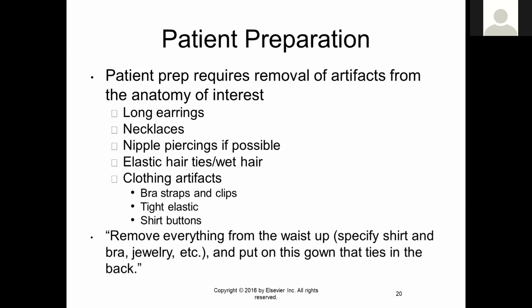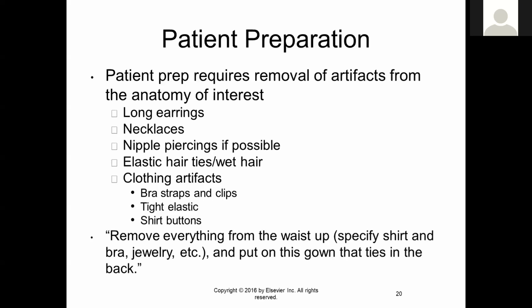It will absorb more x-rays. So we need to put that up with a hair tie. Clothing artifacts such as bra straps, clips, tight elastic, metal buttons on shirts. Just remove it all. T-shirts would be typically okay unless they have glitter or thick embossment on them.